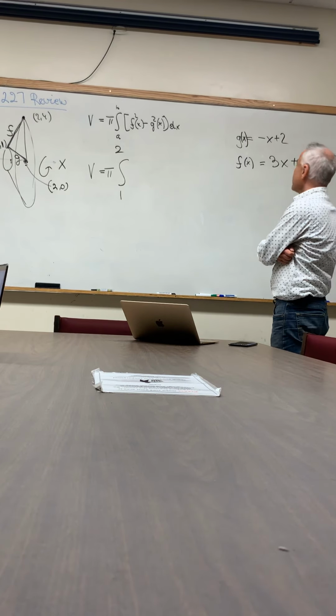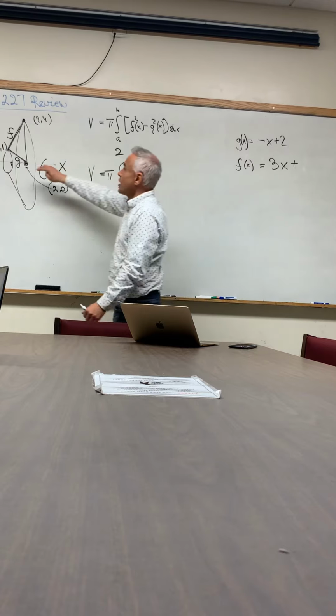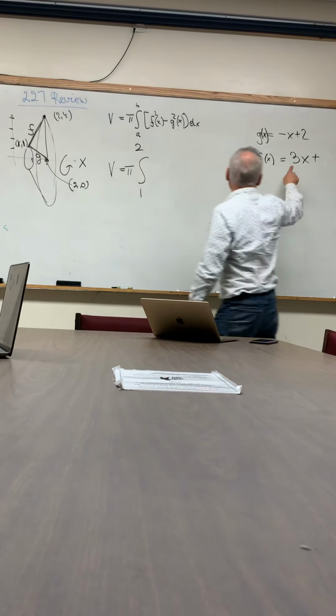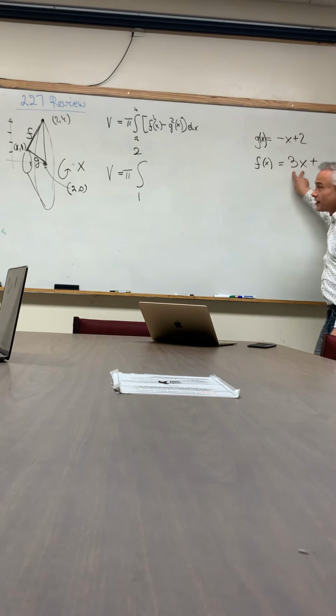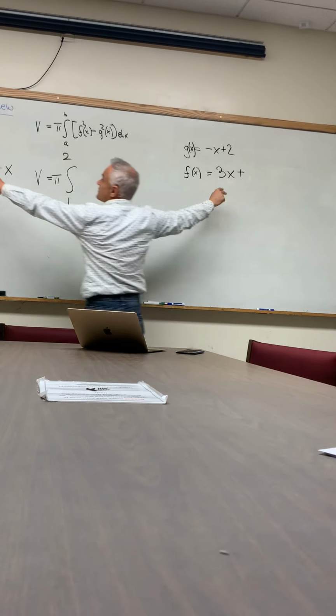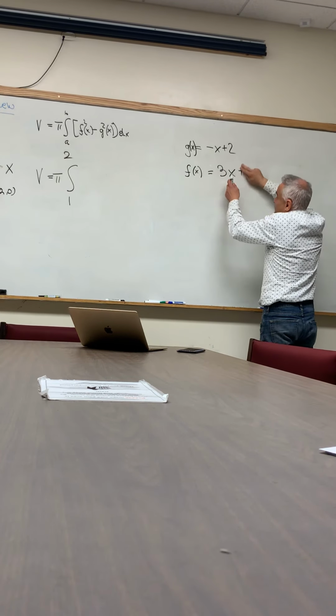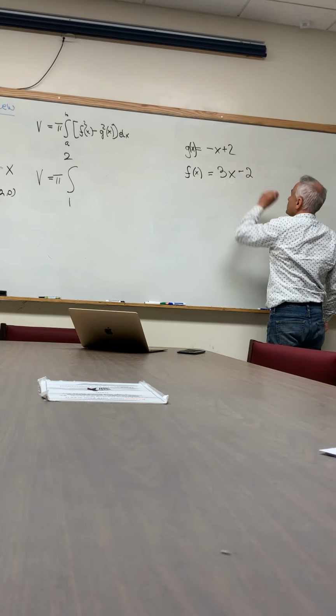The picture is not very clear, but I can also determine that number easily. If I just plug in 1 for x, I get 3 times 1, that's 3. And the y coordinate of that point is 1. So how do I make 1? If I already have 3, I have to subtract 2.